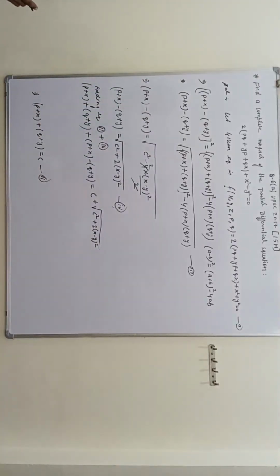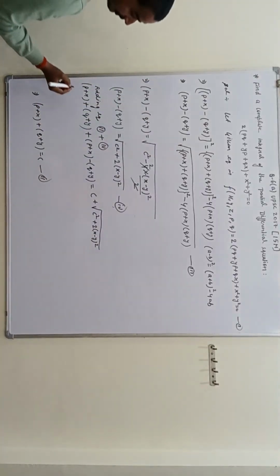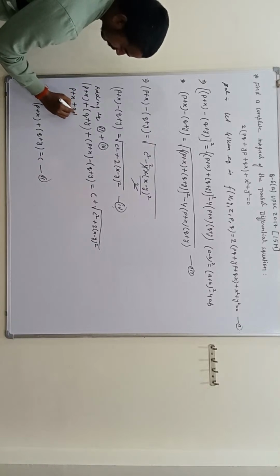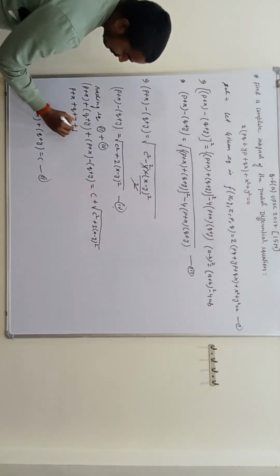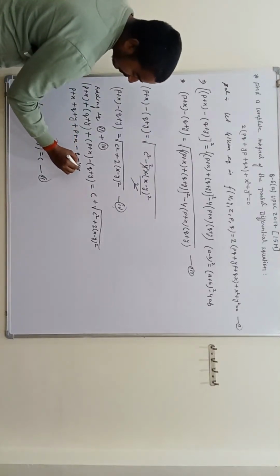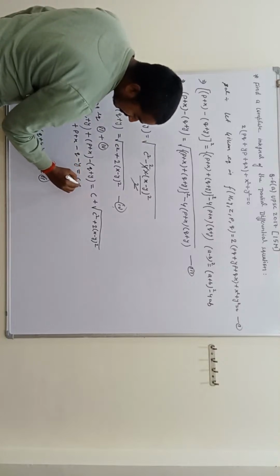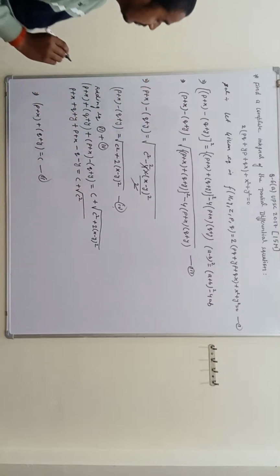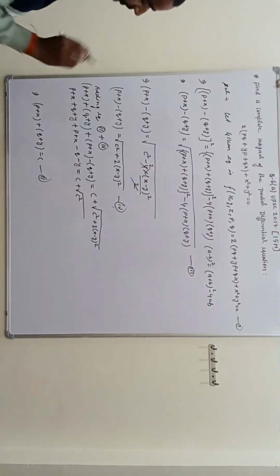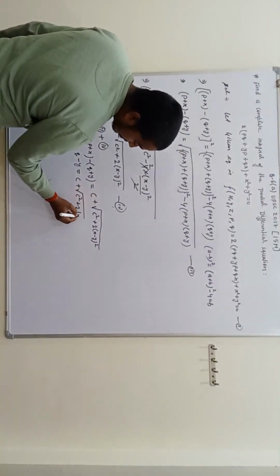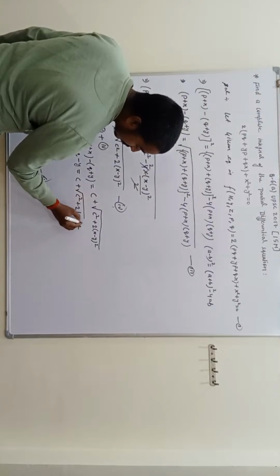From here we have (p plus x) plus (q plus y) plus (p plus x) minus q minus y is equal to c plus under root of c square plus 2(x minus y) whole square.